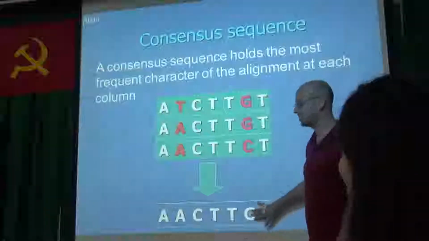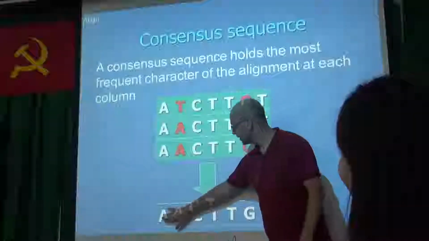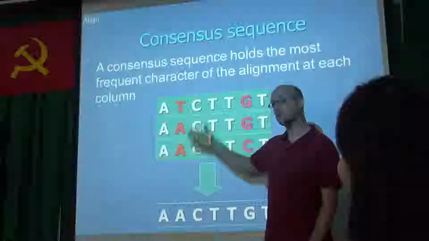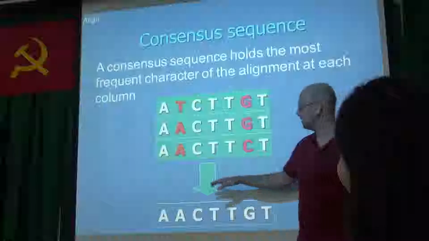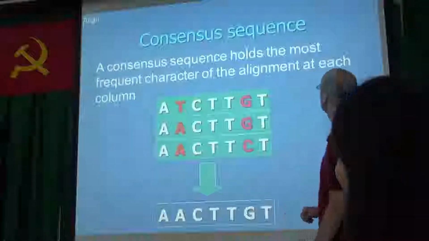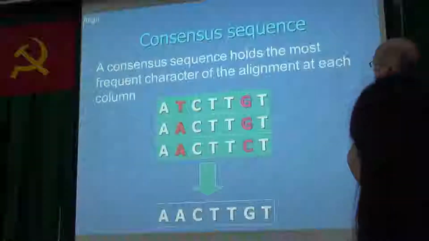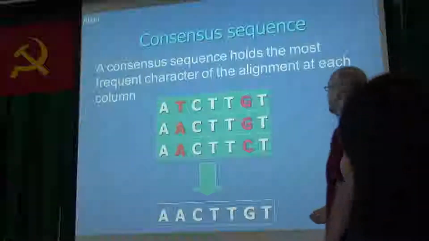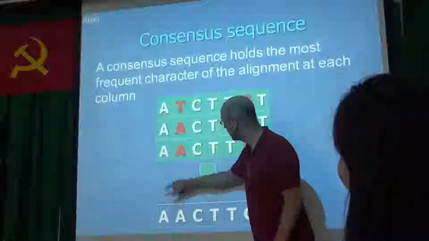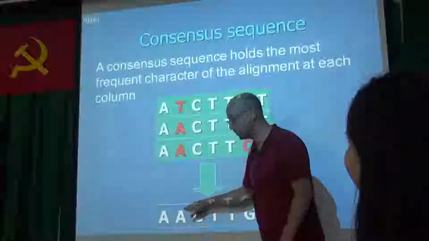And the consensus sequence is, in every column, the nucleotide or the amino acid that has the most amount, the most frequent character of the alignment. So here it would be A, and here it would also be A.